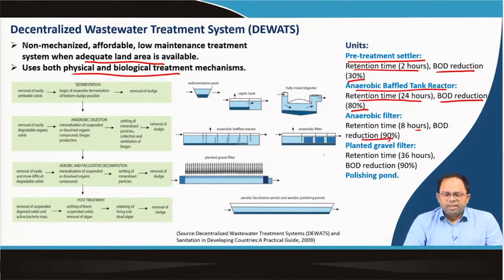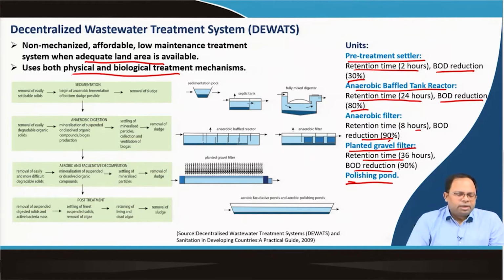So, anaerobic filters are also used, and then the planted gravel filter, where retention time is around 36 hours and BOD reduction is around 90%, and then we can have a polishing pond as well. I will explain. The polishing pond is finally giving a final treatment to the effluent or the liquid waste, so that it is relatively pure. So, that is why we call it a polishing pond.